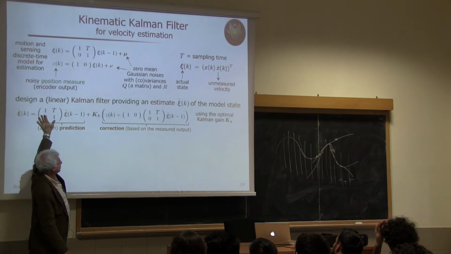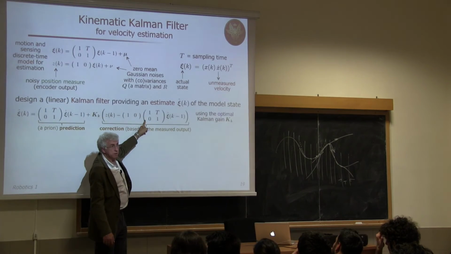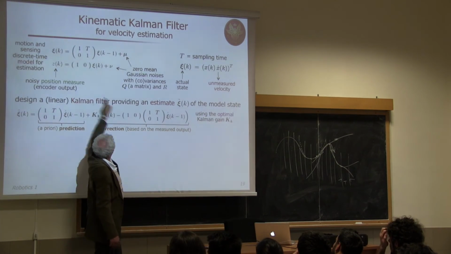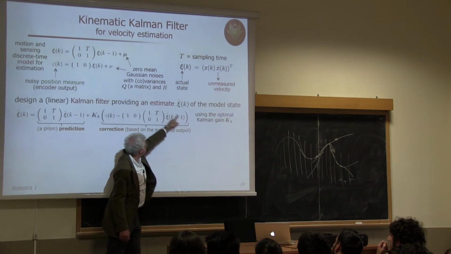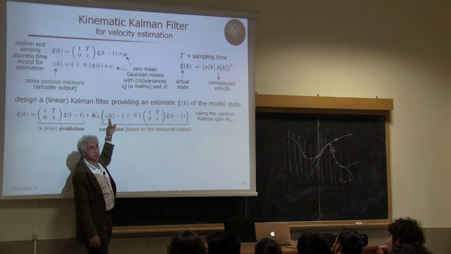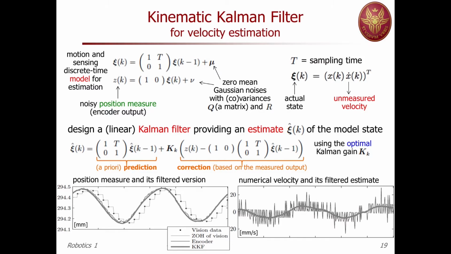Now, this prediction is corrected by the error that you see. So here is the prediction of the state. This is the matrix that takes the states and provides the output. So this is the predicted output, and this is the actual measured output. So if these are consistent, then this is 0, and so you can just move one step farther your previous estimate, according to the model without noise.